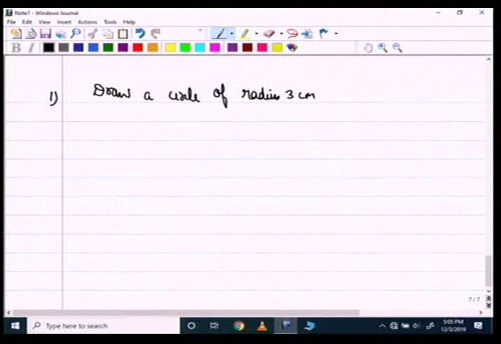Okay, so construction of a tangent from an external point. Let us start with the question. Question 1 says, draw a circle of radius 3 centimeter.